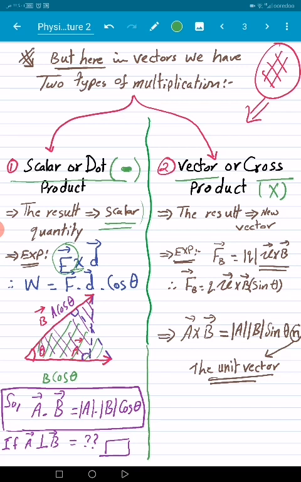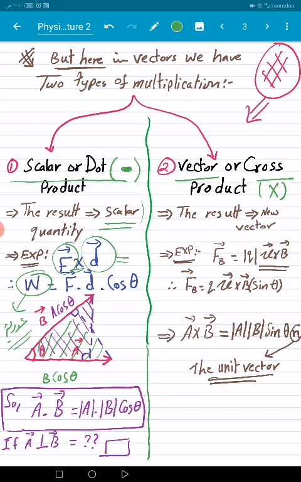Now multiplying by the displacement d, the result F multiplied by d gives me the work. حاصل ضرب القوة في المسافة يعطي الشغل، والشغل كمية عددية.